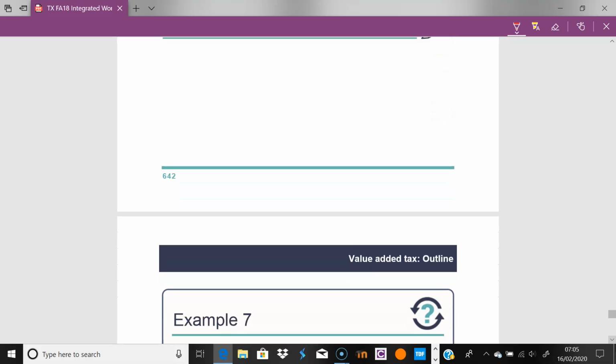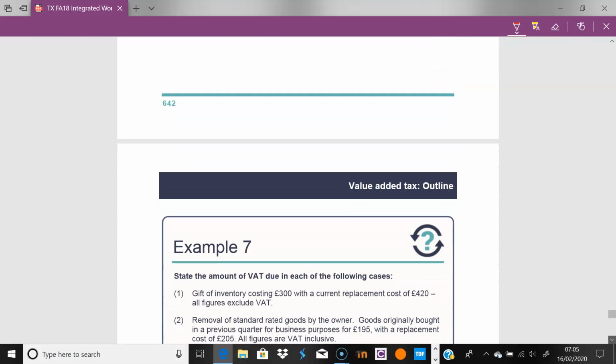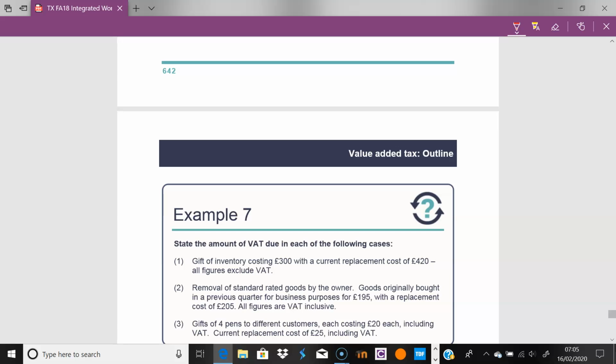Right, here we are. As I was saying here, a gift of inventory costing £300, but a current replacement cost of 420. Like I say, it's because you are technically depriving HMRC or the business of that profit. So in effect, we base it on the replacement cost. So here the VAT, of course, is 20% of this 420.